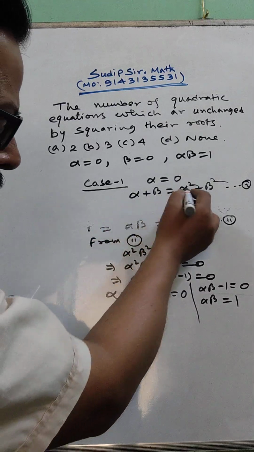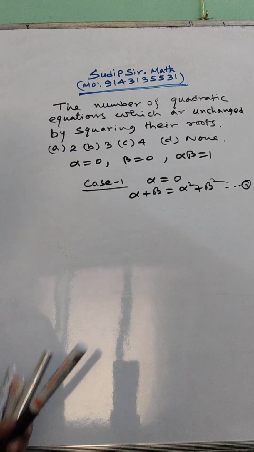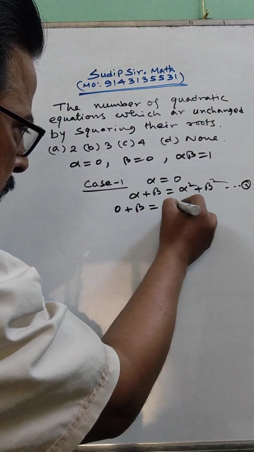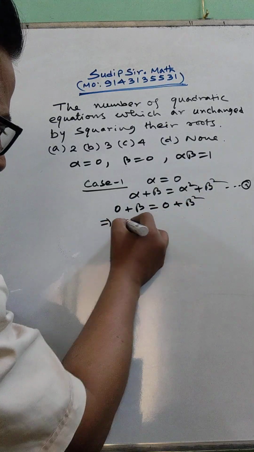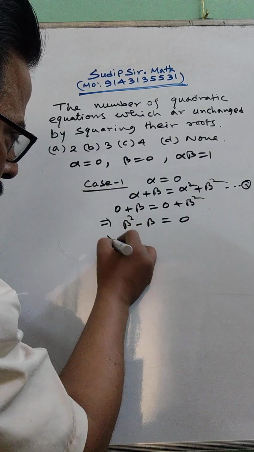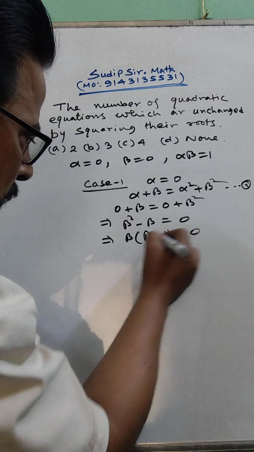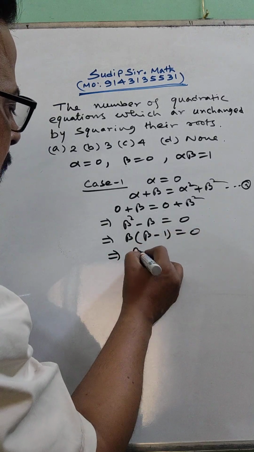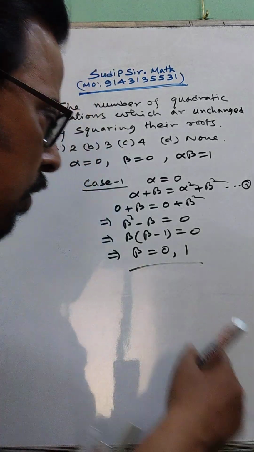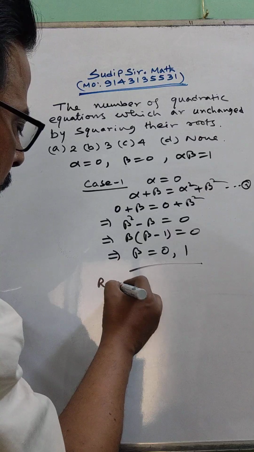Now from this condition, 0 plus beta equal to 0 plus beta square, that is beta square minus beta equal to 0. So this will be beta into beta minus 1 equal to 0, that is beta equal to 0 comma 1. That is our roots.